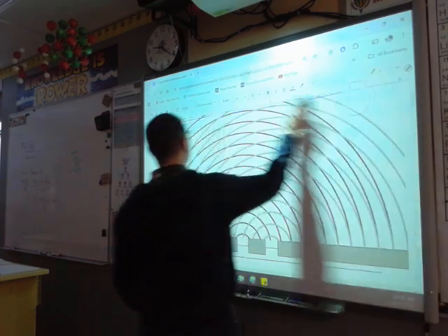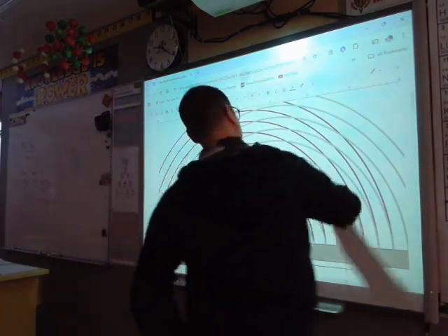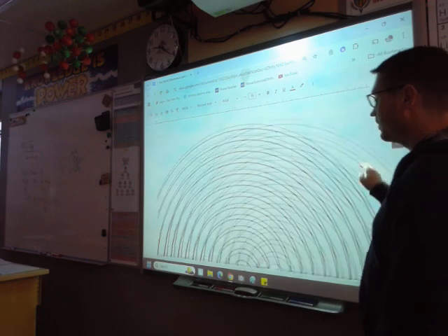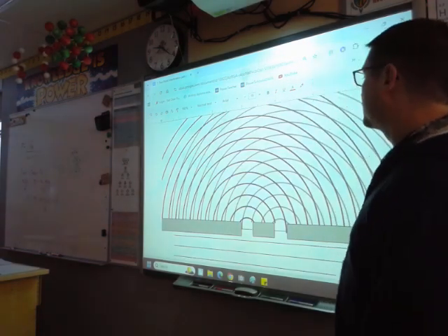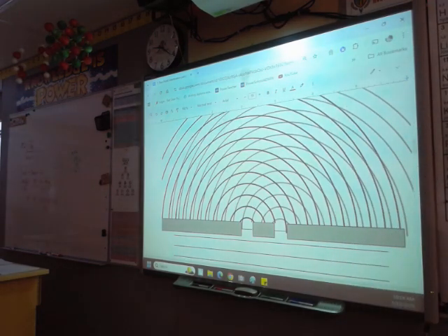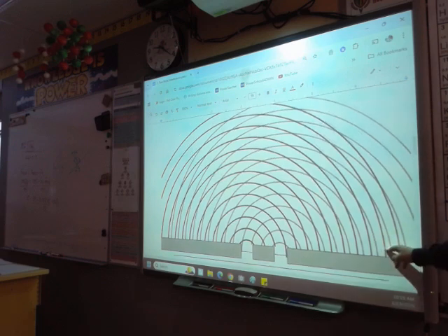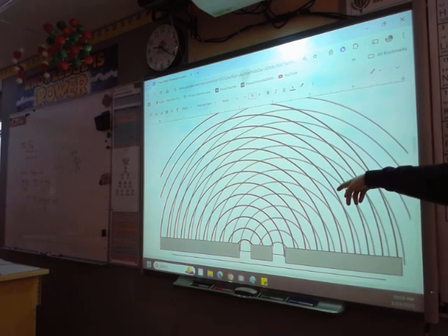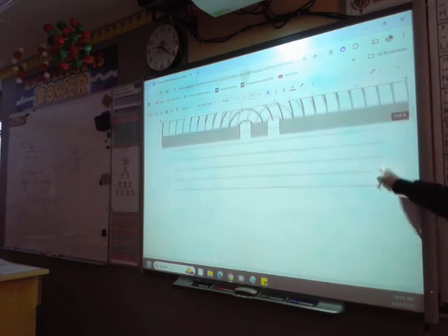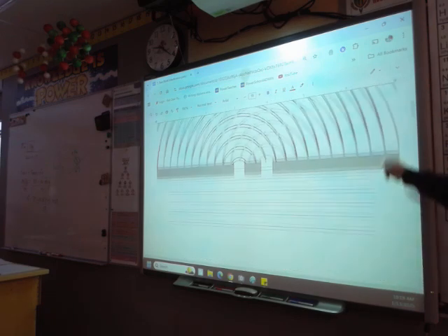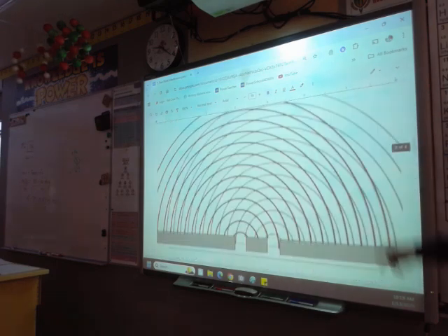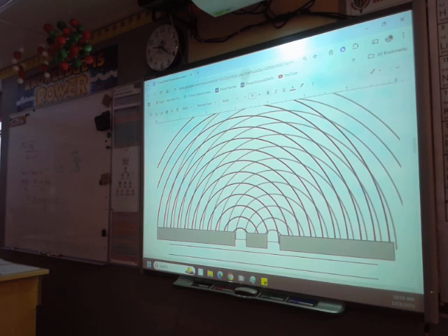So when we look at some of the other pictures that are in this booklet, what's the difference between this diffraction pattern and that diffraction pattern? Is there more maximums?